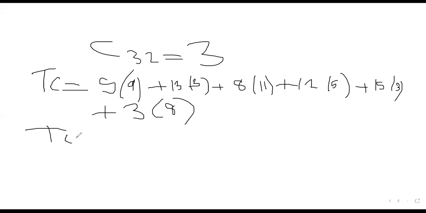So total cost is going to be 5 times 9 plus 13 times 3 plus 8 times 11 plus 12 times 5 plus 15 times 3, 3 times 8, 301.